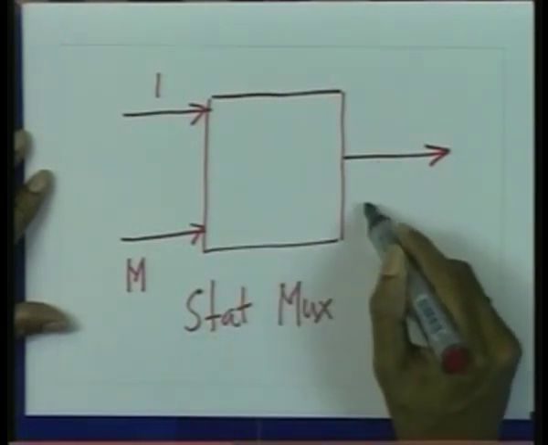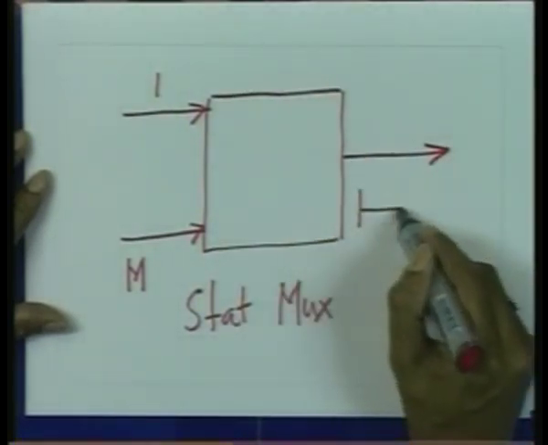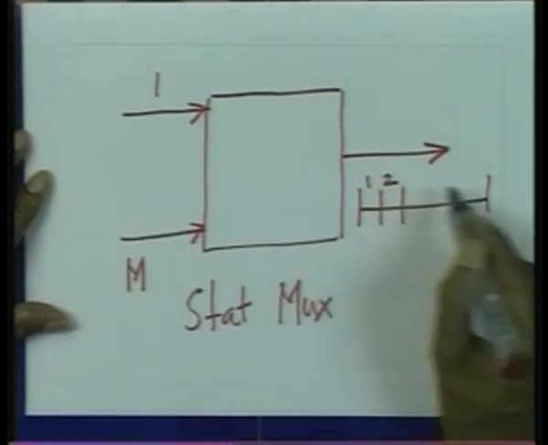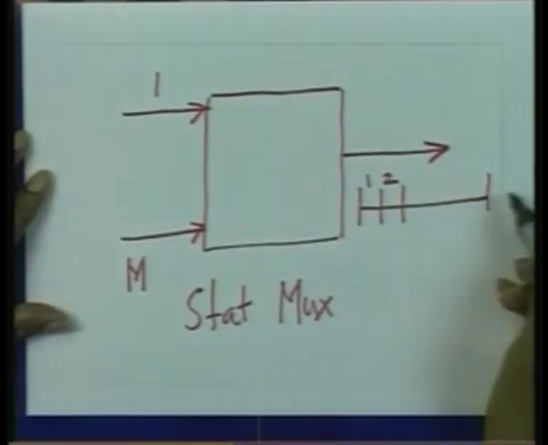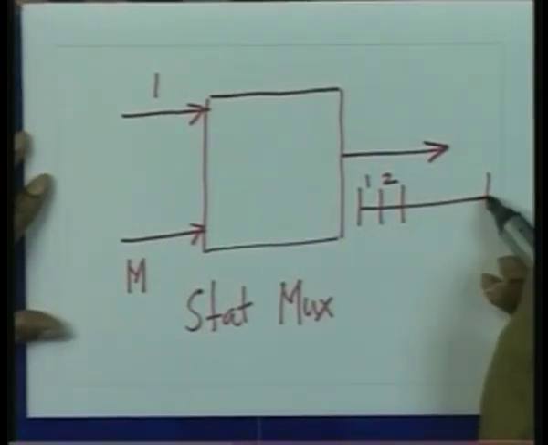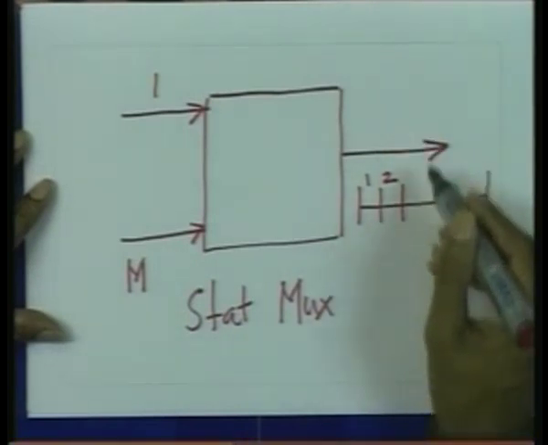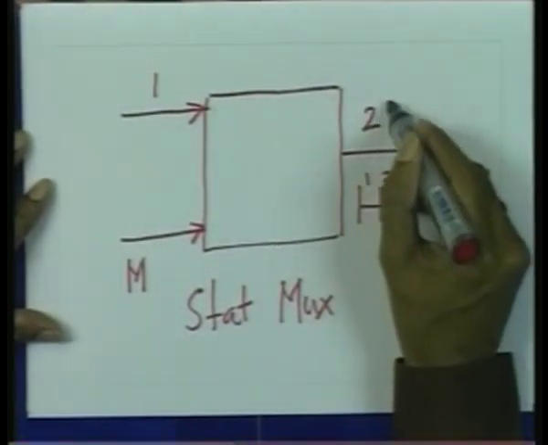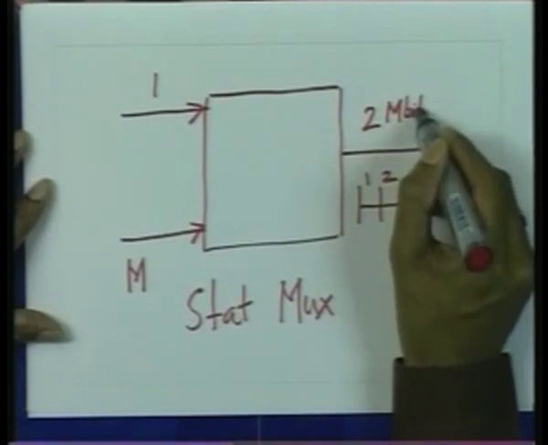This output port in the time axis may be divided into slots 1 to m, but there may or may not be framing structures. Let us say for an example that the output data rate of this may be 2 megabits per second.